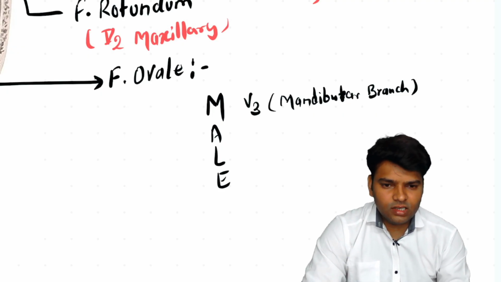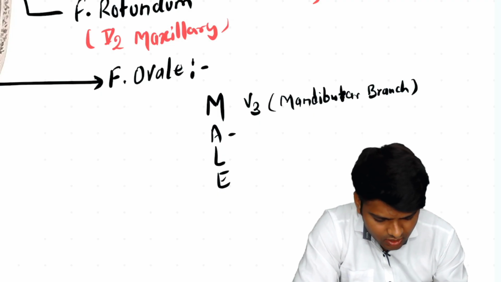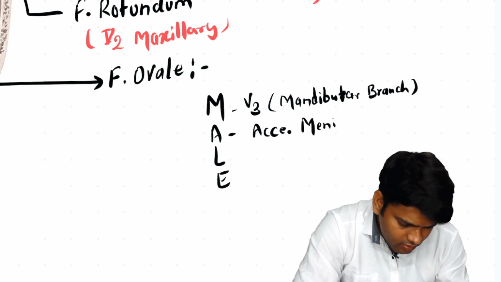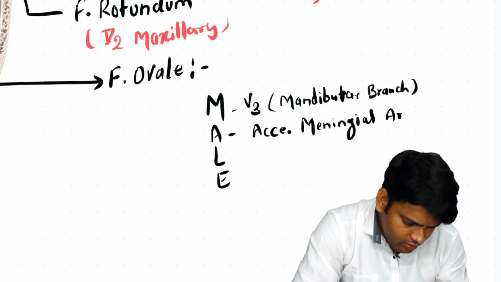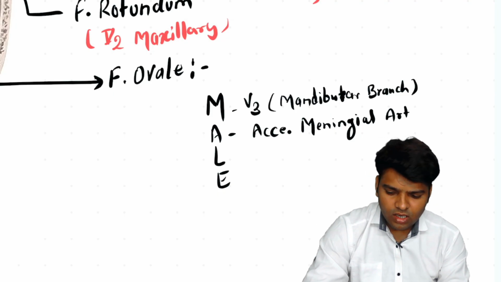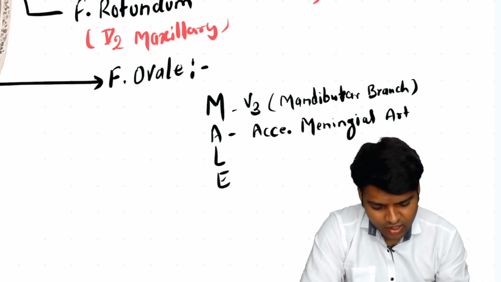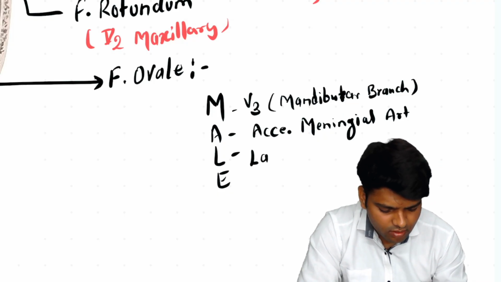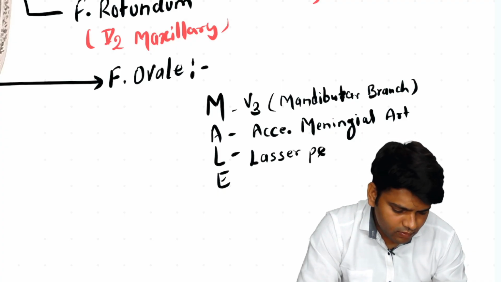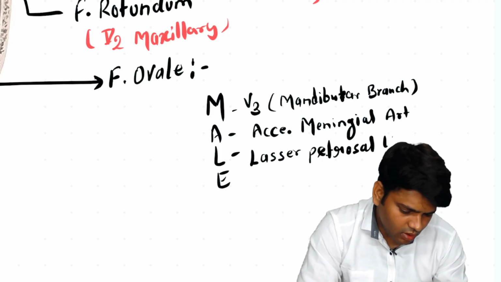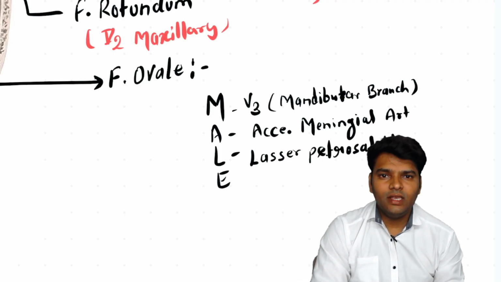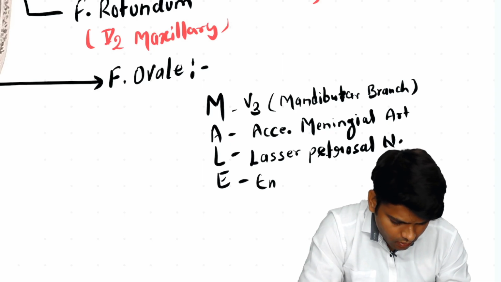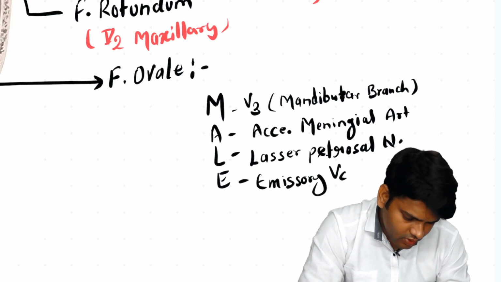What are they? M for the mandibular nerve, A for the accessory meningeal artery, L for the lesser petrosal nerve, and the last one, E, for emissary veins.